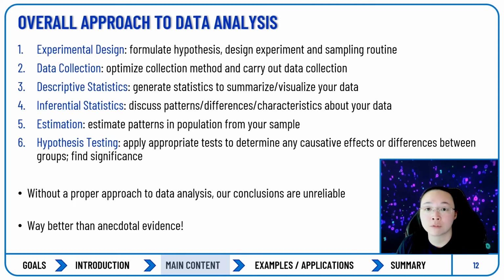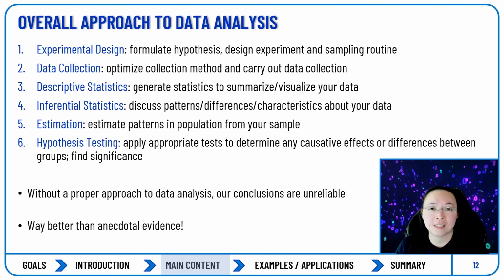We then have inferential statistics. That's where we discuss patterns, differences, and help characterize our data set through what we see. Then we have estimation. Once we have all of the patterns from our sample, we are able to estimate patterns in the population and make predictions and create models to represent our data set.